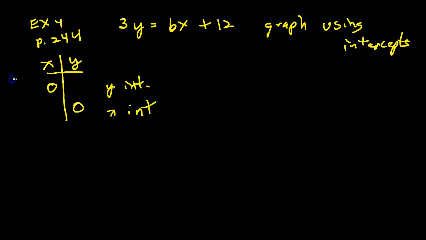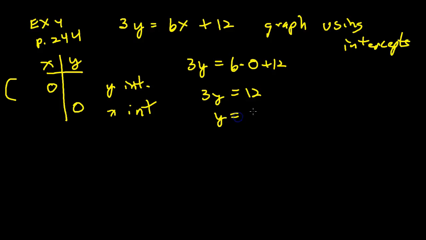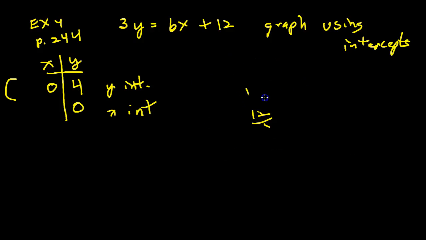All right, so let's look at this y-intercept first. If I let x be 0, I plug in x equals 0, and I'll get 3y equals 12, or y equals 12 thirds, or y equals positive 4. So when x equals 0, y equals 4, right? Similarly, if y equals 0, I'll sub in y equals 0.